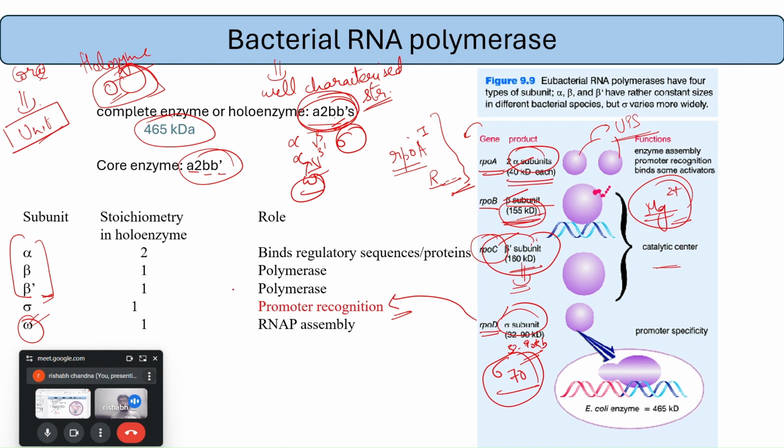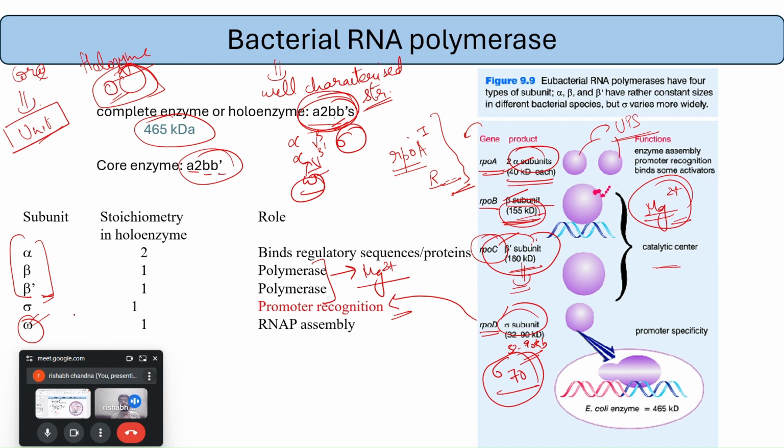Okay, so just a recap. The alpha subunit helps in enzyme assembly as well as in recognition of the upstream elements that we'll talk about in the promoter section. Then beta and beta prime have the catalytic center, so they help in polymerization, and both are involved in binding the cofactor Mg2+.